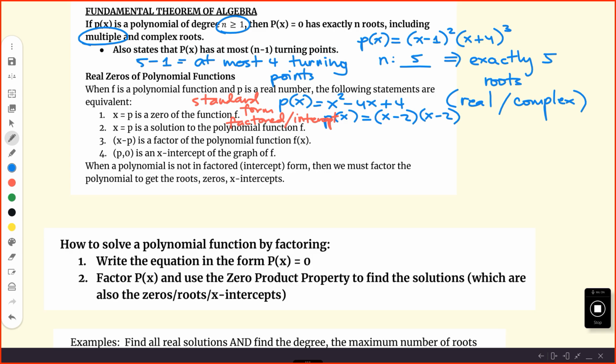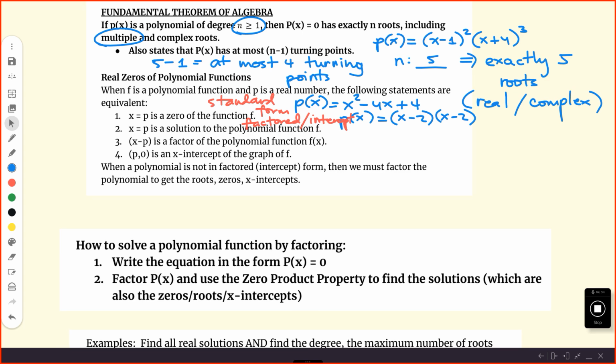Okay. Now, if you're going to express this in this way, we say that one of the zeros, because we have x minus 2 with multiplicity of 2, right? I can also write this as p of x equals (x minus 2) squared, right? So the zero 2 is repeated twice. So that's going to be bounce at x equals 2.